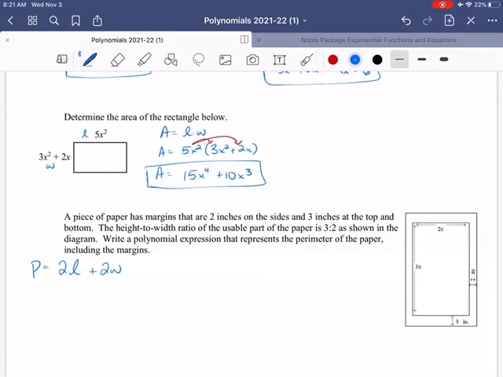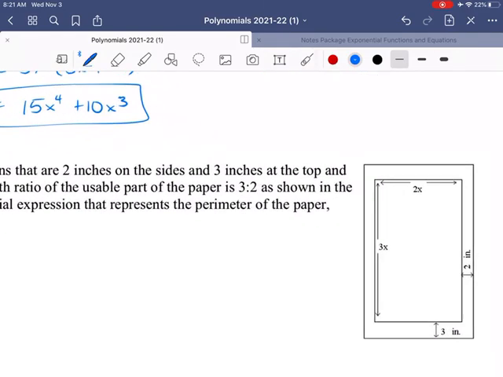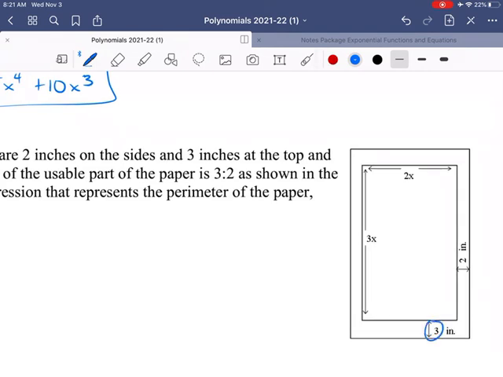So the margins are 3. So if this is 3 inches here, this is also 3 here. And if that part there is 3x, the entire part here is going to be 3x plus 6. The 3x here, and the 3, and the 3.